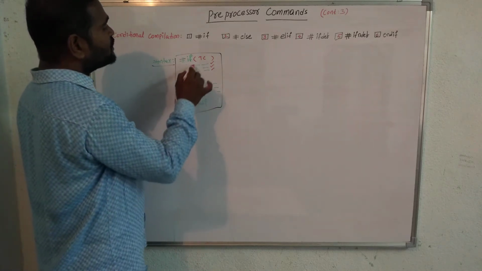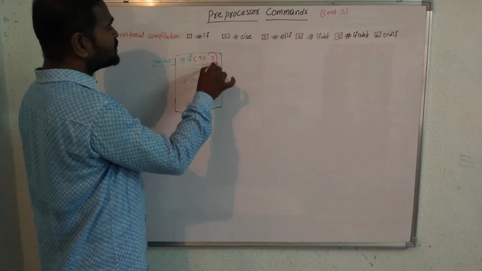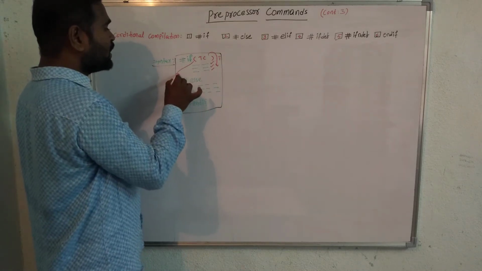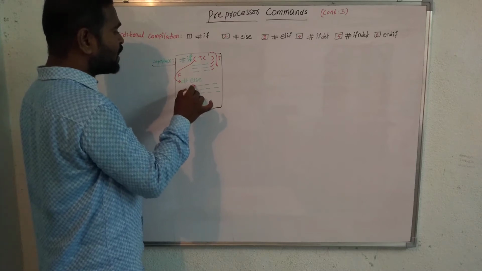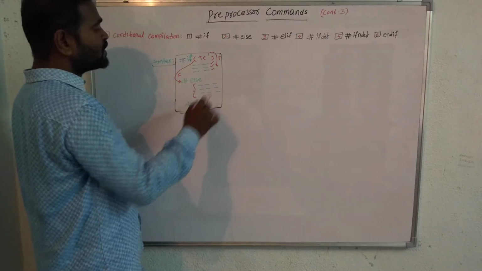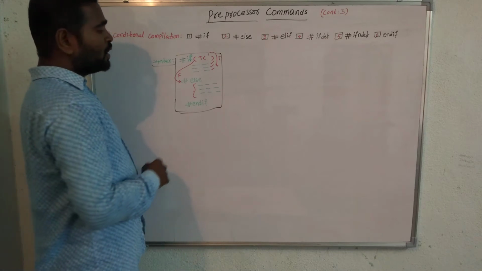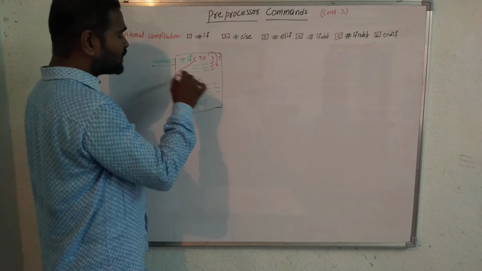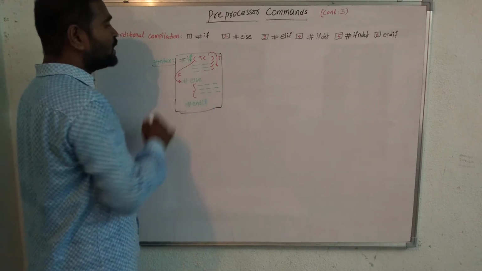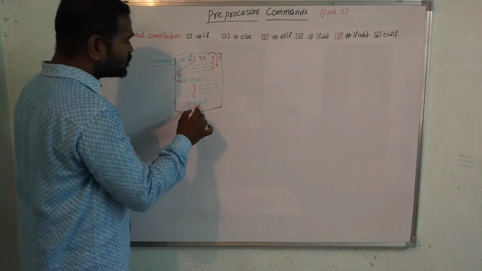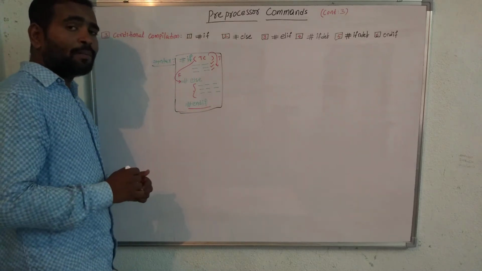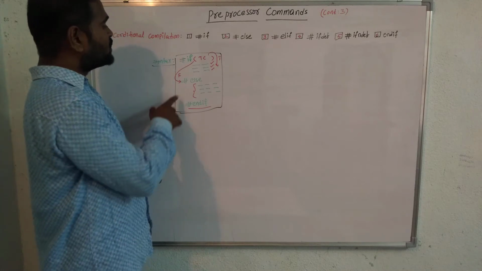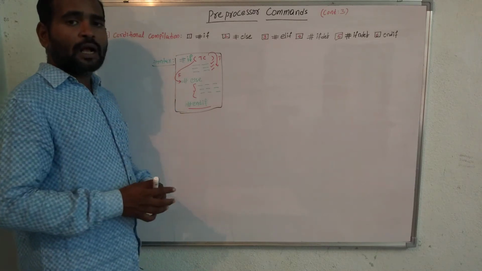If the test condition is false, then under the else block we have another set of statements, which are executed, again without curly braces. After completion of the else block, if you create a #if, you must mention #endif. This is mandatory. This is the syntax for conditional compilation.